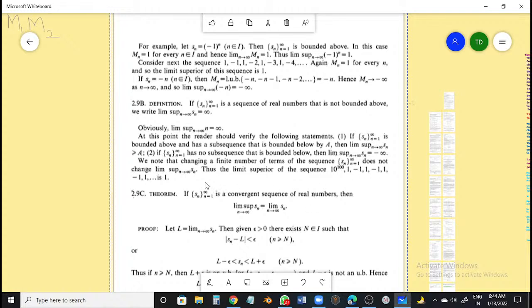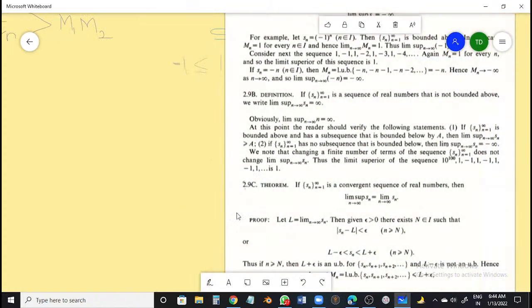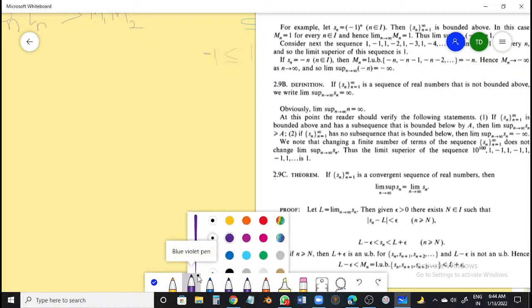One example is given over here. If we handle a sequence like 10 raised to 100, 1, minus 1, 1, minus 1, and so on, its limit superior is still going to be 1. How? Let us take this case also. What are the terms of our sequence?